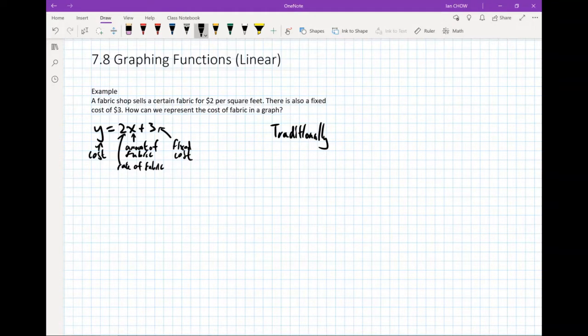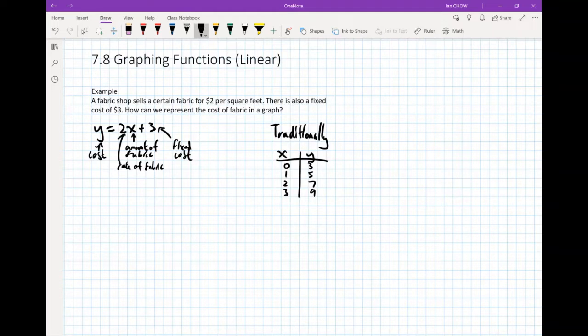You would do your x, y table like that, and put in 0, 1, 2, 3 as an example, and then put the numbers into the function. When x is 0, 2 times 0 plus 3 is 3. When x is 1, y is 2 times 1, which is 2, plus 3, which is 5. Then 2 times 2 is 4, plus 3 is 7. And then you can start to see the pattern: 3, 5, 7, 9.